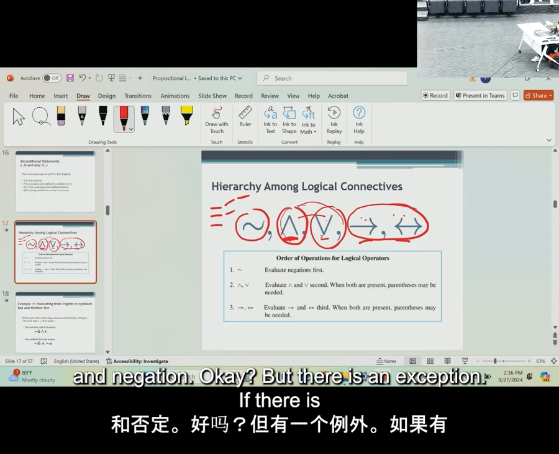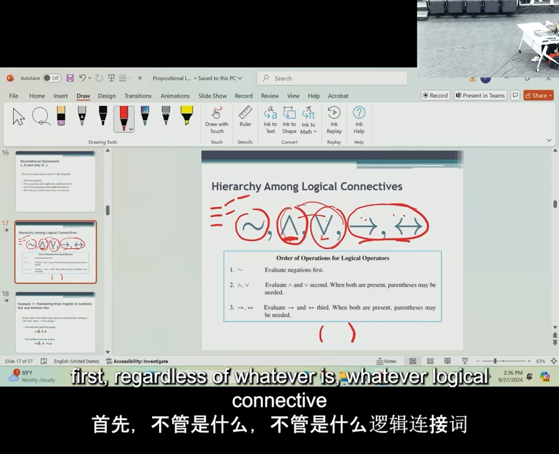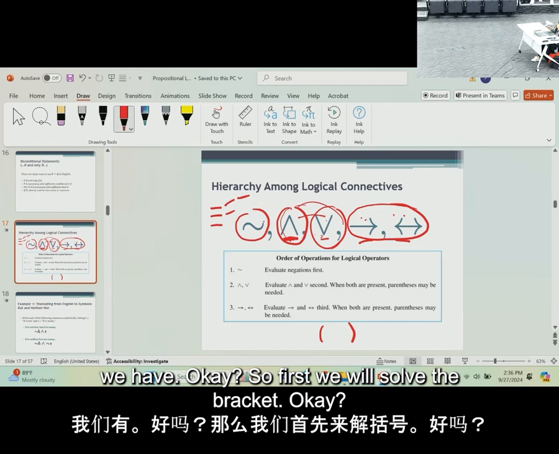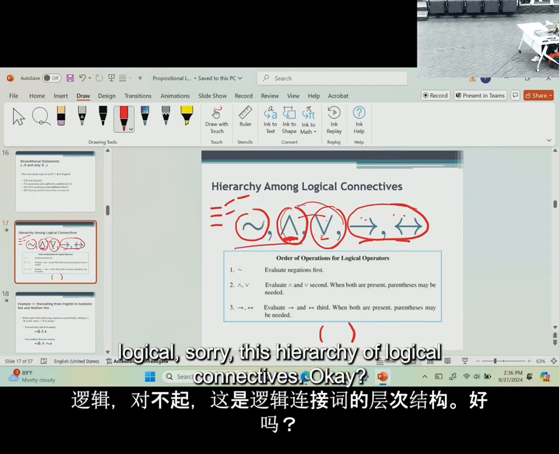But there is an exception. If there are parentheses in a compound proposition, we will solve that first, regardless of whatever logical connective we have. So first we will solve the bracket, and after that we will look at this hierarchy of logical connectives.